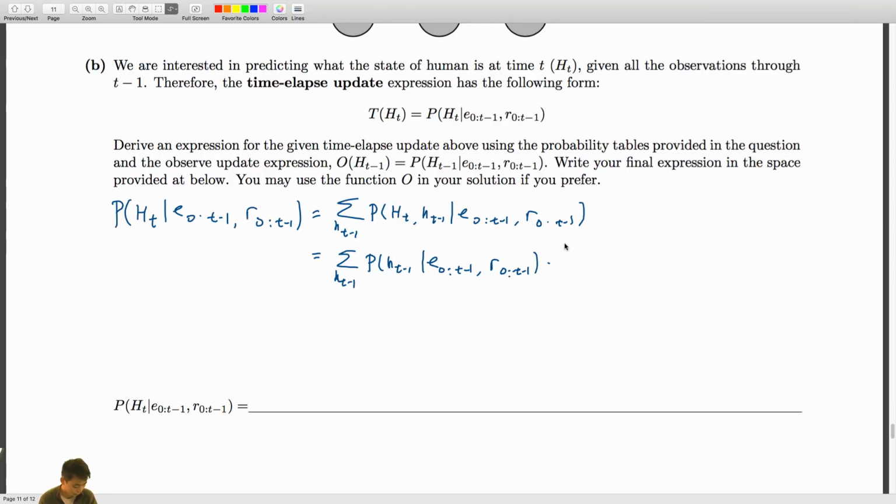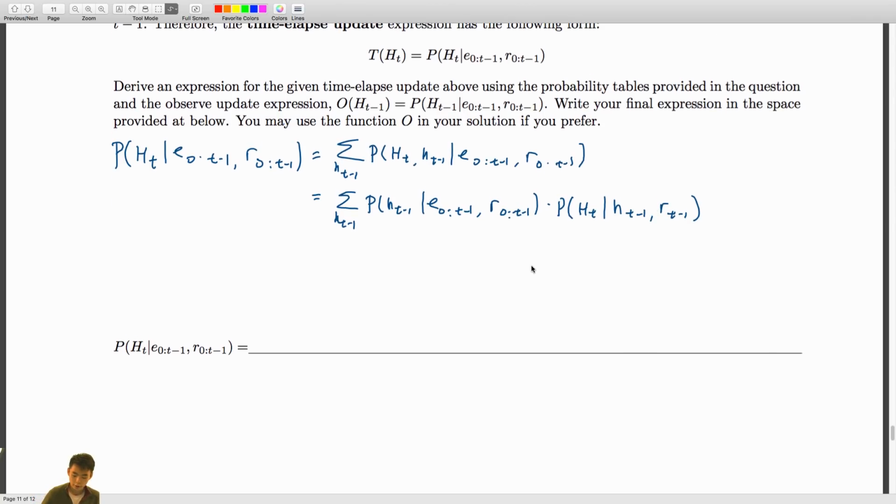And this is times the probability of the current action given the previous human action and the previous robot action. The reason there's no evidence variables in this is because those are conditionally independent given these two.